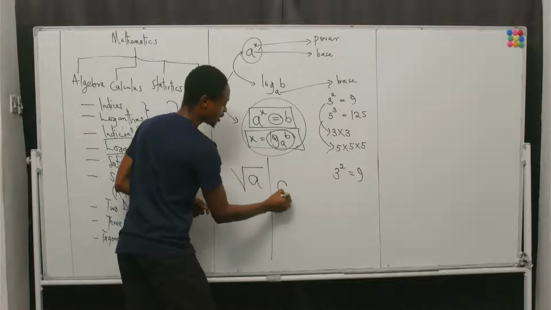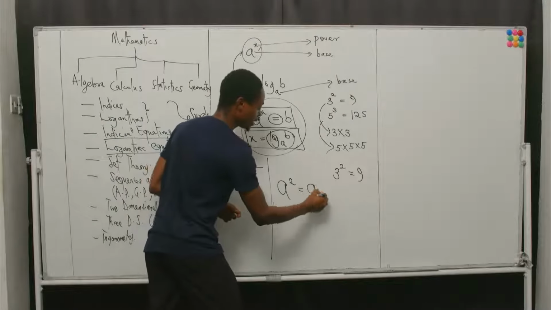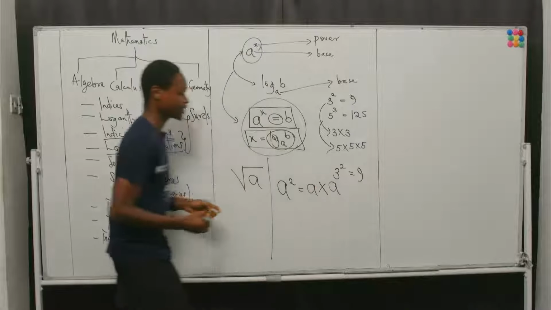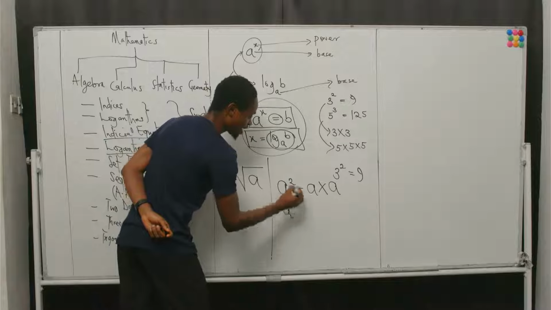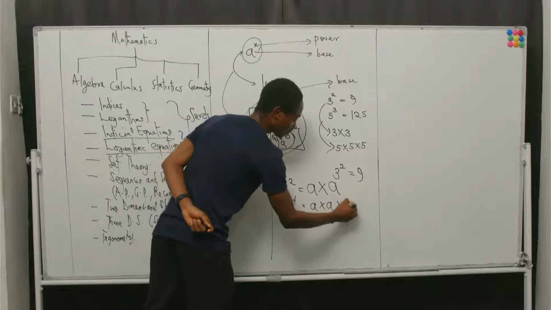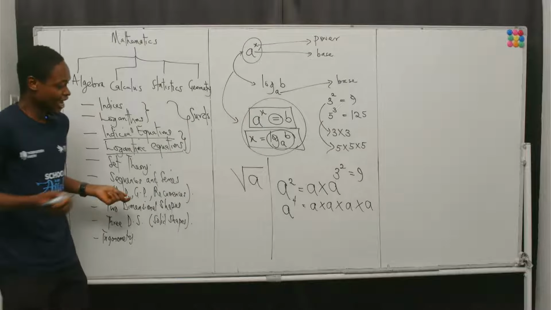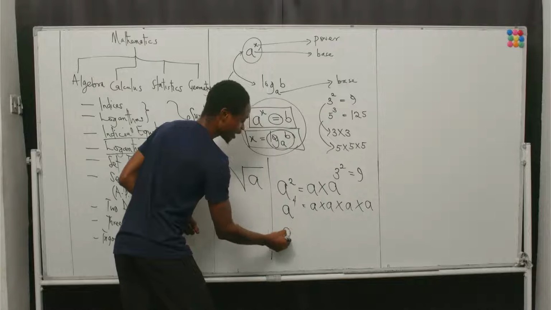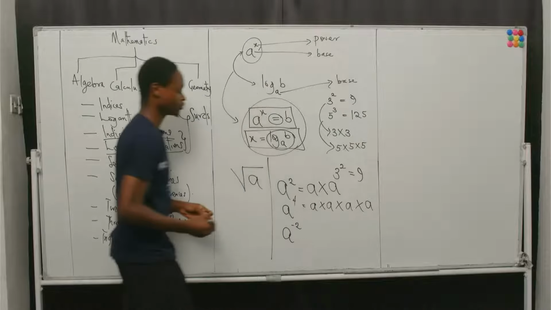If we say a squared, then that means we'll have a multiplied by a. That's a multiplied itself twice. If we say a is to the power 4, that is a multiplying itself 4 times. But then we can always say a raised to the power of -2.